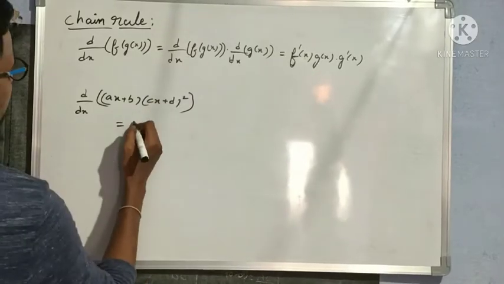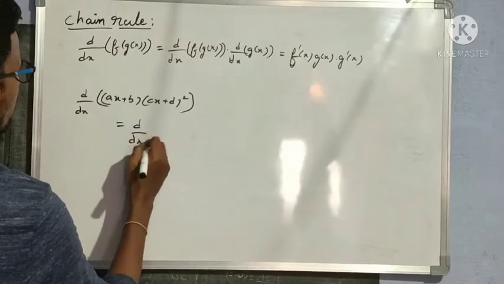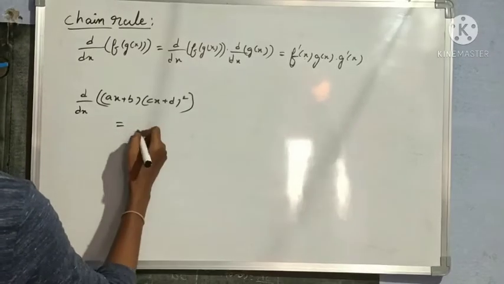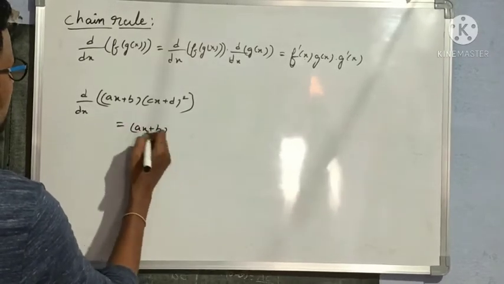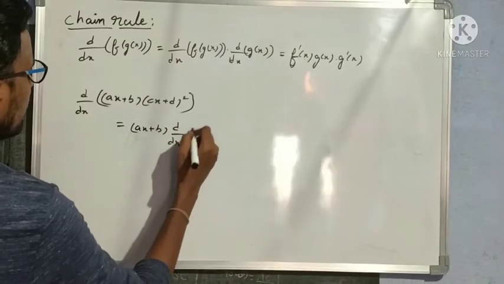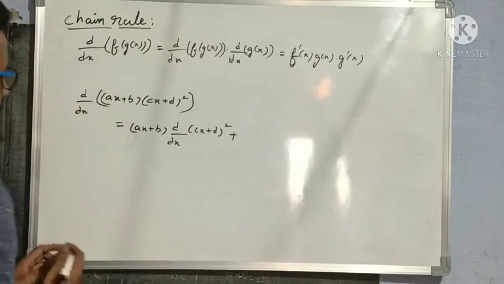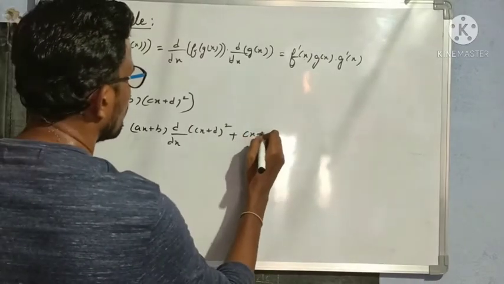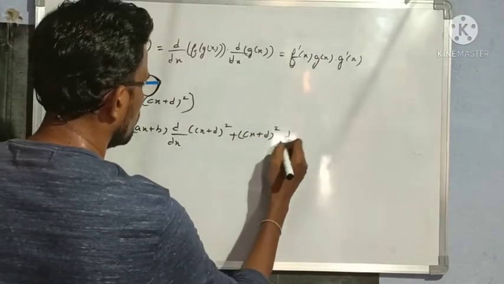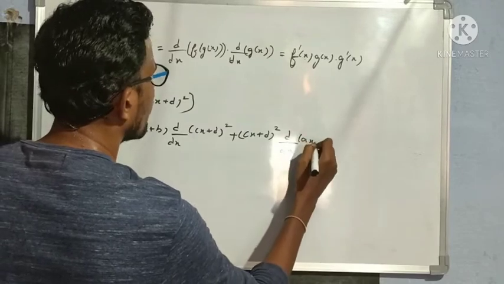So first, f as it is, ax plus b into d by dx of cx plus d whole square, plus again cx plus d whole square as it is into d by dx of ax plus b.